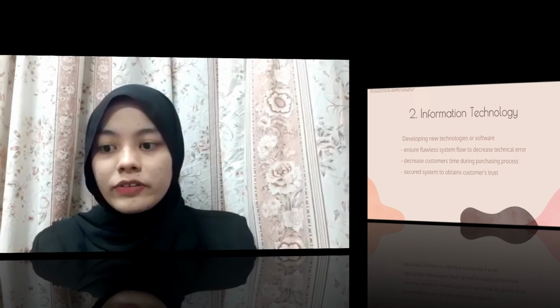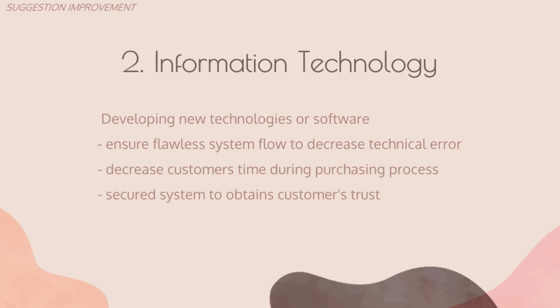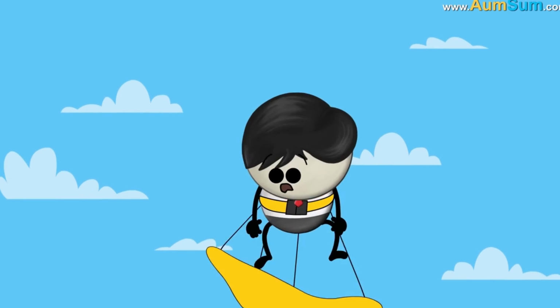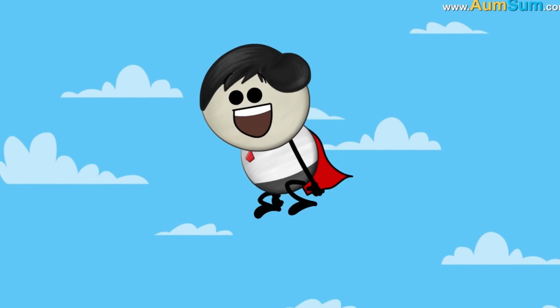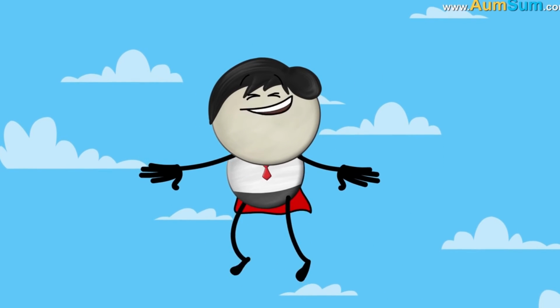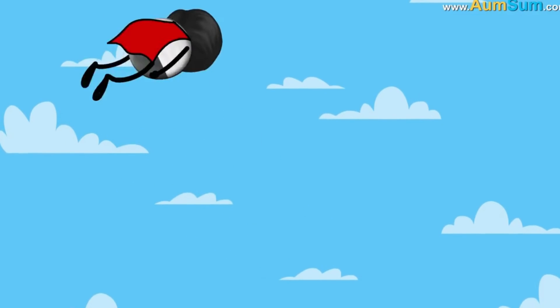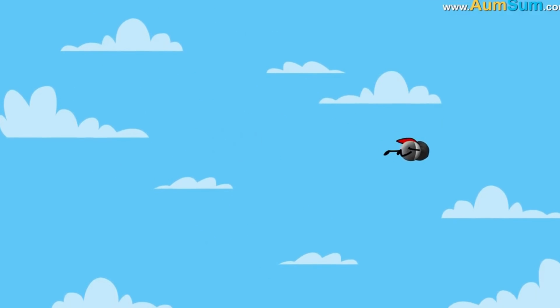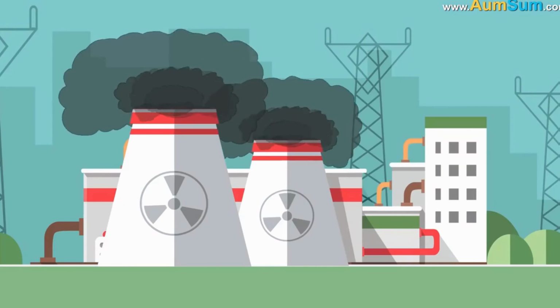The second point is information technology. The company can try to develop new technology or software which can further enhance their existing abilities to collect and analyze data. The company will have to always update the system in order to have a flawless software flow, which can decrease technical errors. Frequently, unprofitability is the result of pricing errors.